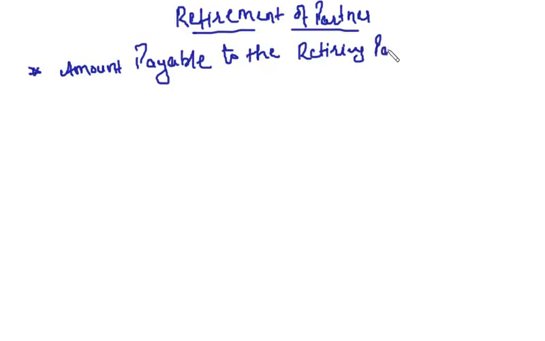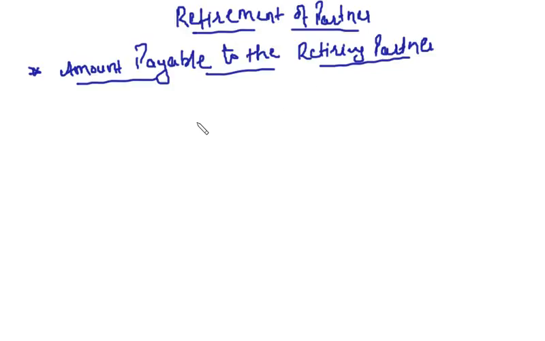We discussed how to calculate this amount. On retirement we have to pay something to the retiring partner. What is that amount that is payable to him? We have to calculate that.